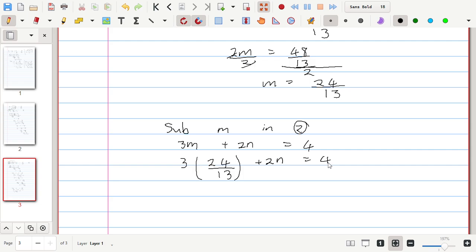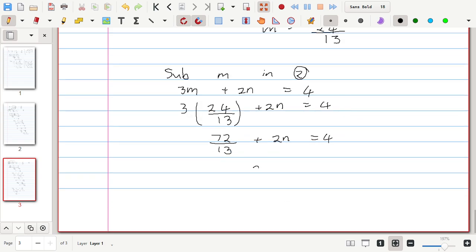Now, 3 times 24 over 13, 3 times 24, that would give me 72. So, this is 72 over 13 plus 2n is equal to 4.